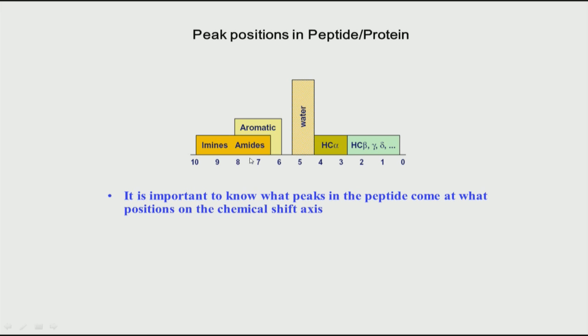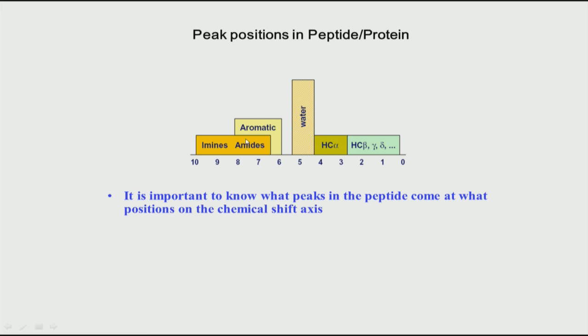Then between 6 and 7 or 8 ppm come the protons from the aromatic amino acids. These are typically phenylalanine, tyrosine, tryptophan and histidine, which are the 4 aromatic amino acids in protein. This is similar to what we normally see in organic compounds: if you have an aromatic spin system, we get peaks somewhere in 6 to 8.